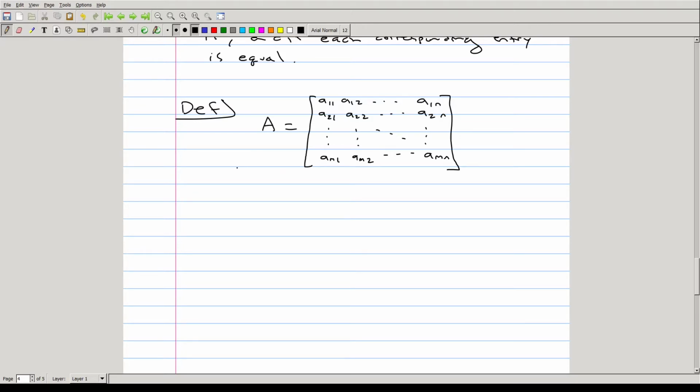But we say the ith row of A is the 1 by n matrix AI1 to AIN.